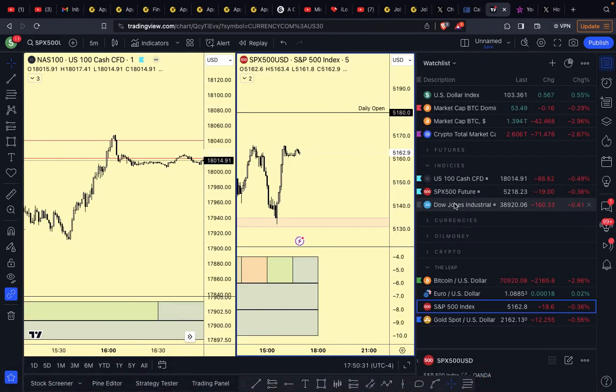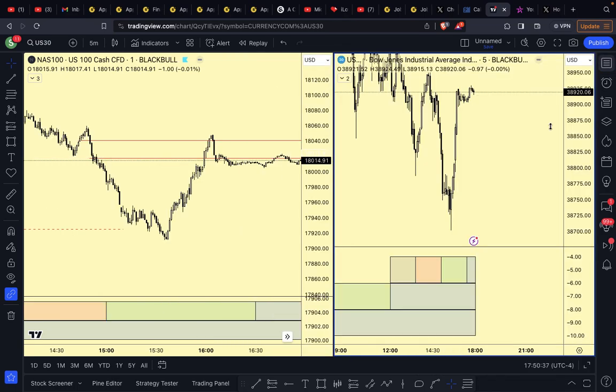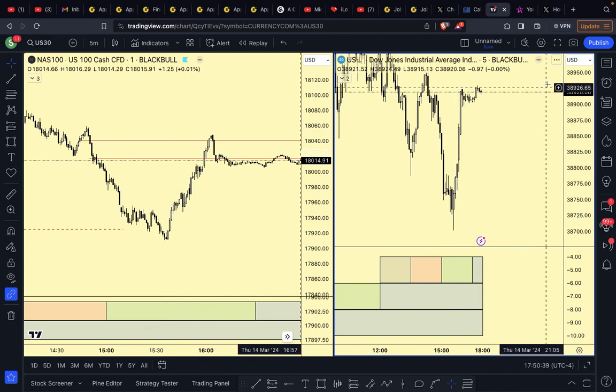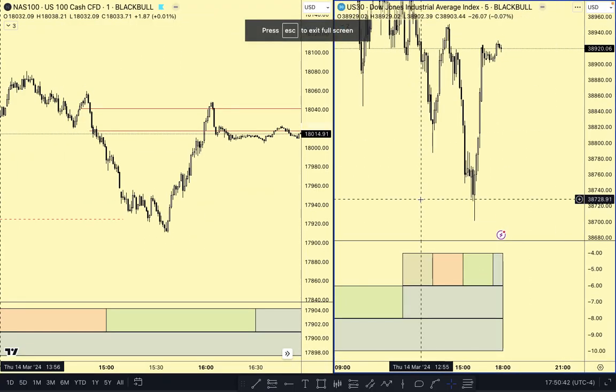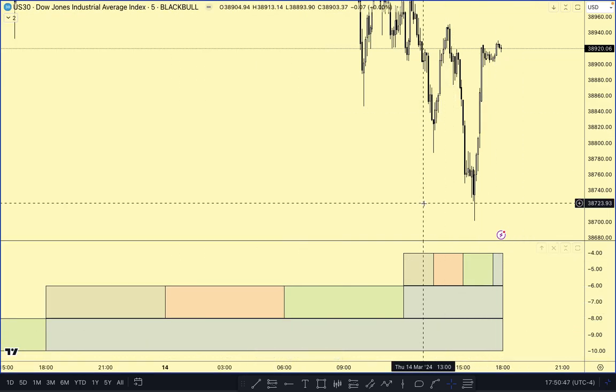I'm just gonna throw on the Dow. I wanna just see how the Dow reacted. Same thing with the Dow, as you can see there, that quarter. That's where it picked up. I want just the Dow, this chart here.